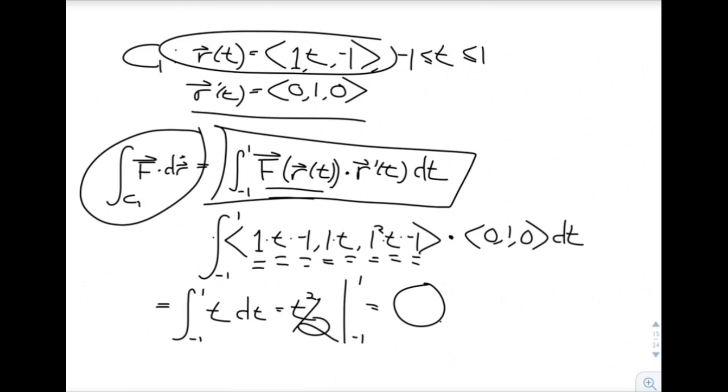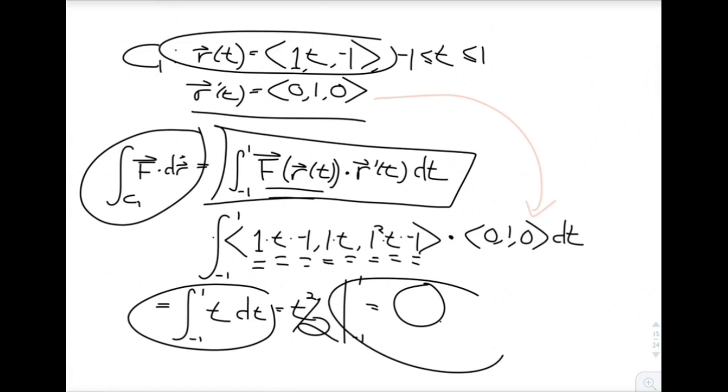So we fill in those coordinates x, y, z, referring to this r of t up here. And then we dot product this with r prime of t, which was taken right here. And when we take the dot product, we just get the integral of t from -1 to 1, and that's just 0. So the line integral of F along the curve C1 is 0.